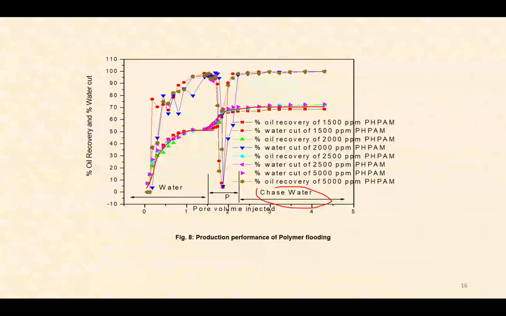So you have to take a decision on what the polymer concentration should be, and generally in the field around 1,000 to 1,500 ppm of the polymer solution is injected.